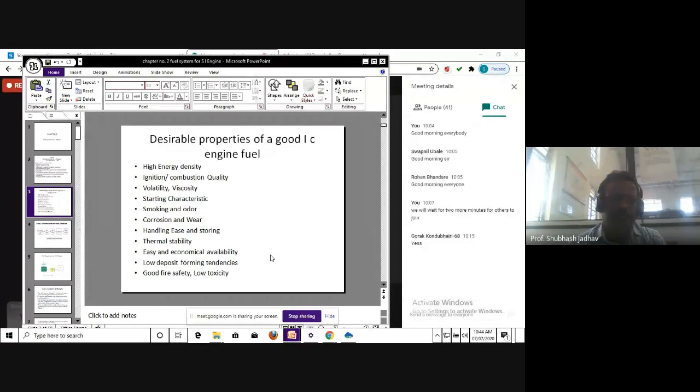And we have alternative fuels, which are reproducible. When we take something from the atmosphere and burn it and let it back to the atmosphere, we don't consider it as pollution.